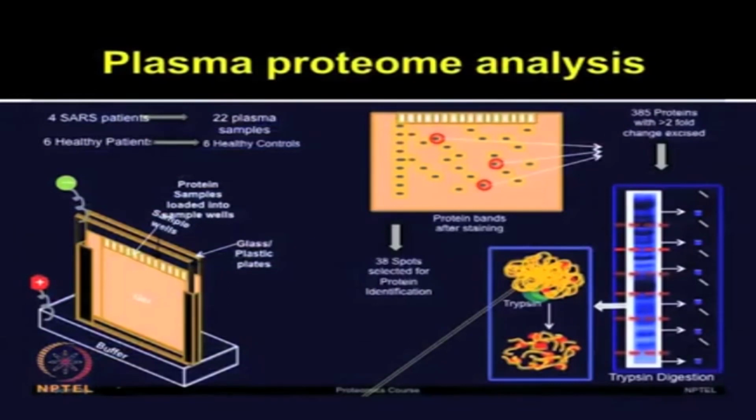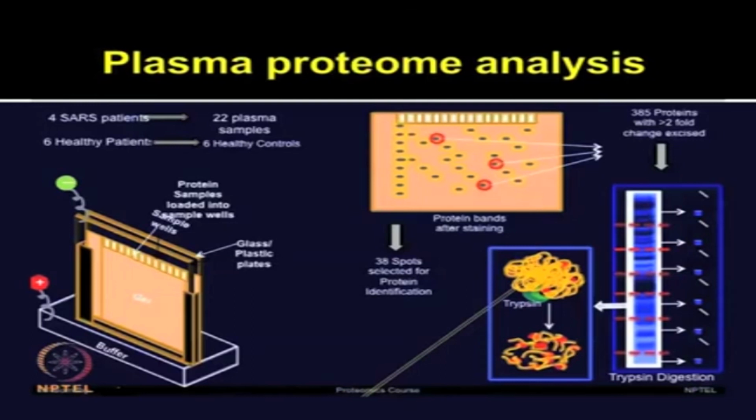The authors analyzed the plasma proteome by using two-dimensional electrophoresis on pH 4 to 7 immobilized pH gradient strips, and they stained the gels with a sensitive stain, SYPRO Ruby. On the slide you can see the steps involved in the traditional two-dimensional electrophoresis followed by mass spectrometry.